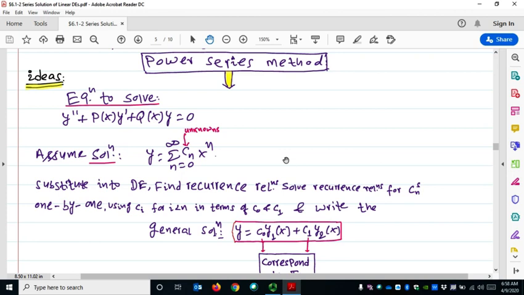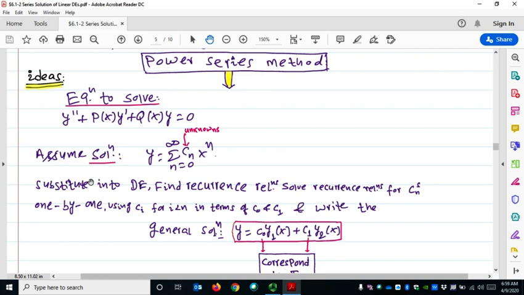Step one: assume our solution as a power series centered at the origin. Here I'm picking our ordinary point at 0. So y equals the summation from n equals 0 to infinity of c_n times x^n. Our goal is to find these coefficients c_n. These are unknowns.